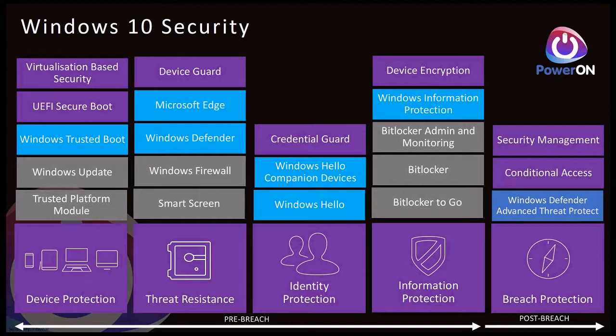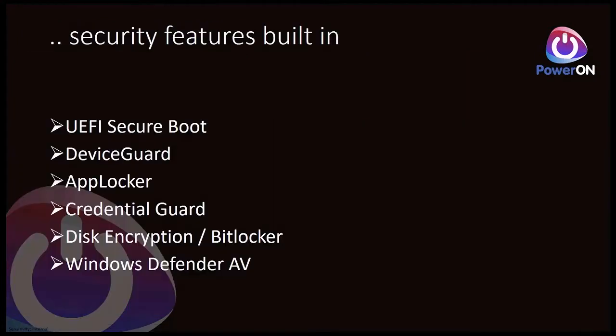So for example, if you've upgraded from Windows 7, you've got access to the features in grey, whereas if you've upgraded from 8.1, you also get the blue and the purple. Some of these rely on virtualization, some rely on hardware. Many of them link in with the hardware, using a Windows 10 device as part of the security solution.